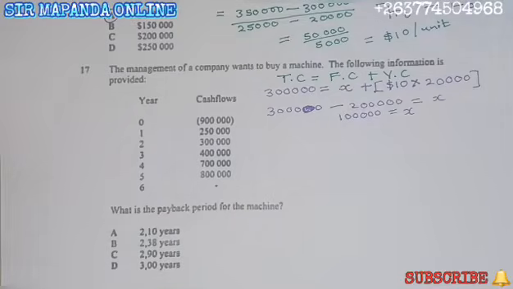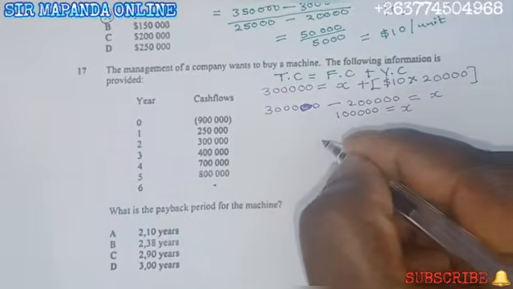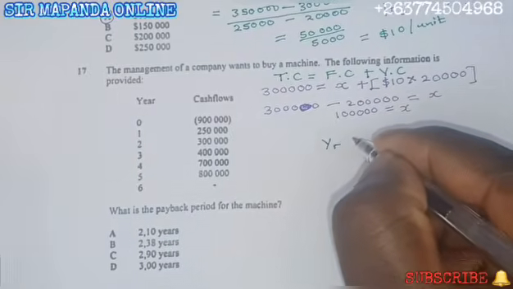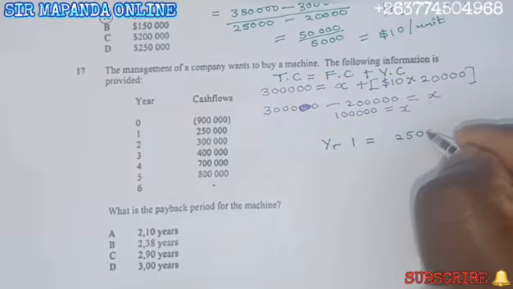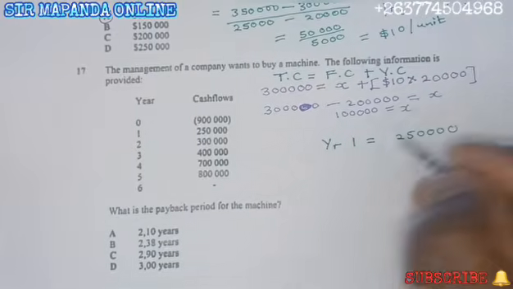What is the payback period for the machine? Payback refers to the number of years required to recoup the initial outlay. So, what is the period required to bring back the 900,000 that was paid in year 0? So at the end of year 1, we are going to have 250,000.